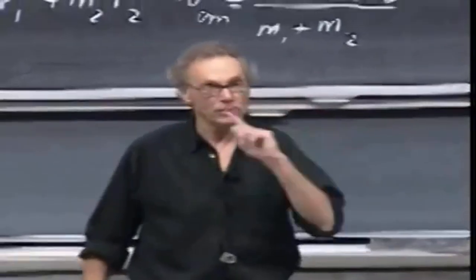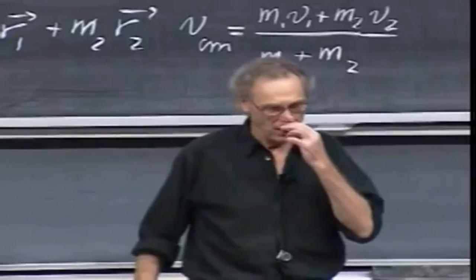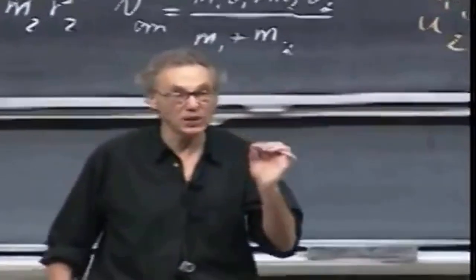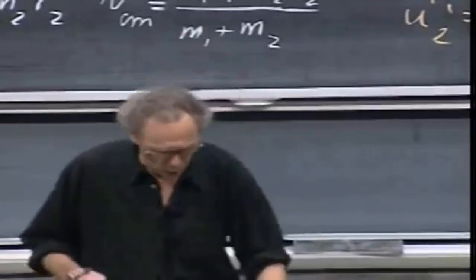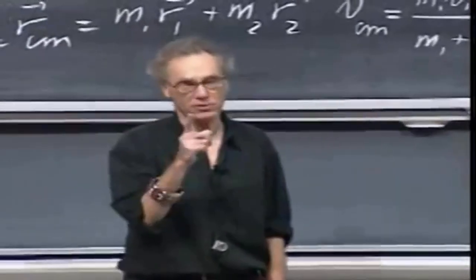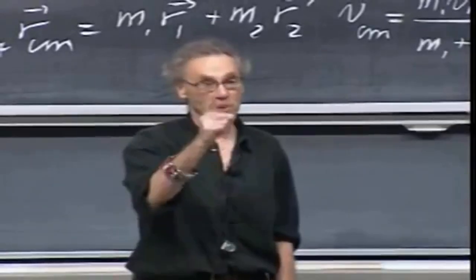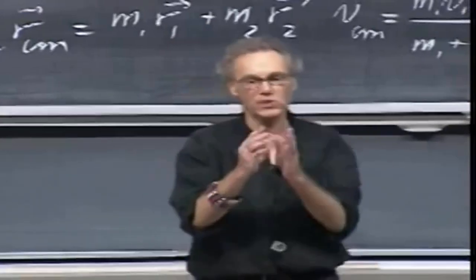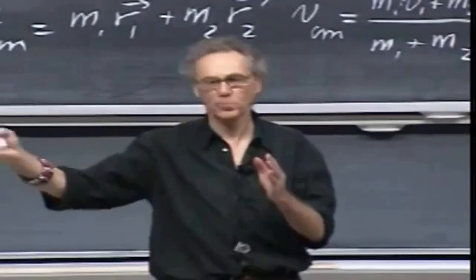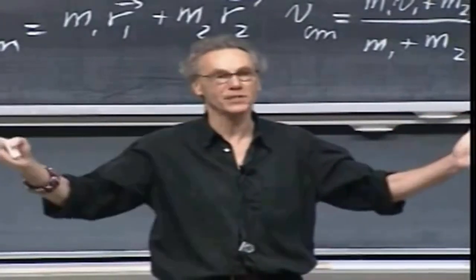And now comes another unique property of the center of mass. If I have a completely inelastic collision, then all energy in the center of mass frame is lost. That's obvious. In the center of mass frame, remember, momentum is zero. So you're in the center of mass. One particle comes to you and the other comes to you. You're not moving, you're in the center of mass.